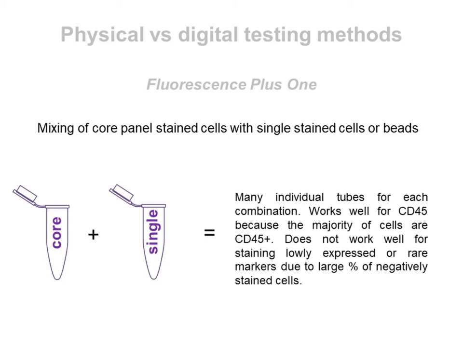So it works well for when you use the CD45 stained beads, but when you use a low expressed marker like CD127, we had some issues, because you have an increase in the number of negatively stained cells due to the low percentage of CD127 expression in PBMC, for example.